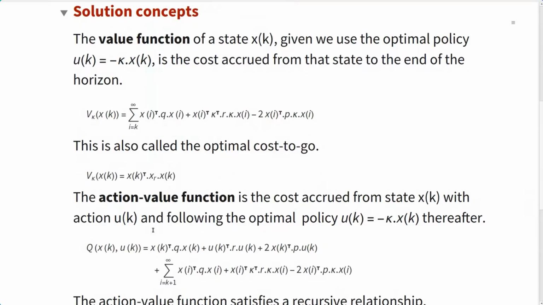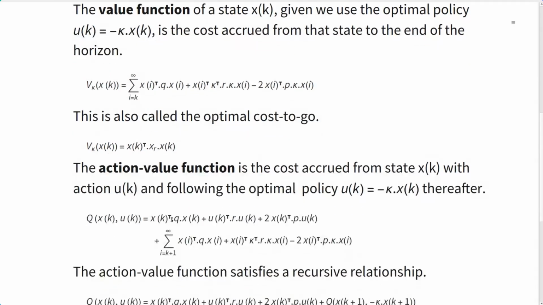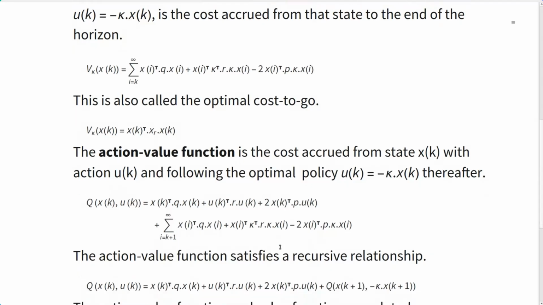The other concept we are going to use is the action value function, or the Q function. This is the cost that is accrued from a state x_k and action u_k, and after that we use the optimal policy u_k = -kappa x_k.